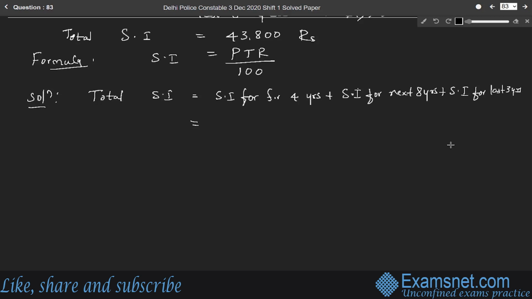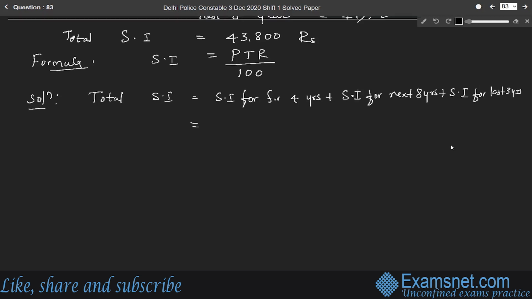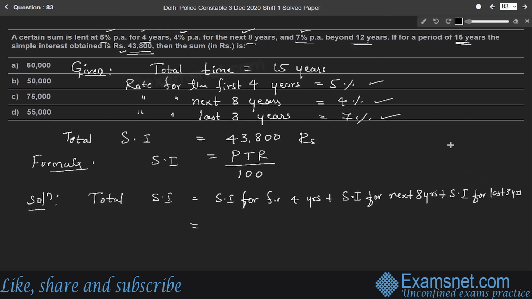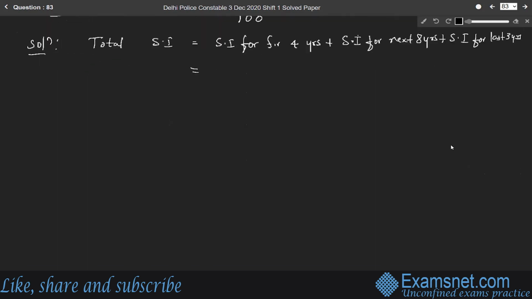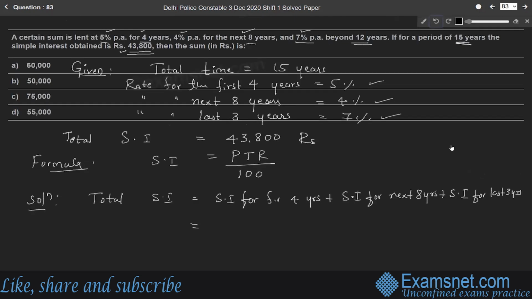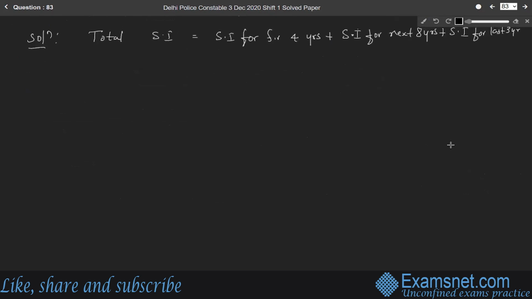Substitute the values. So here the simple interest formula is PTR by 100, right? What is P here? The principal amount or the sum we have to calculate. So let us assume the sum is X rupees, right?